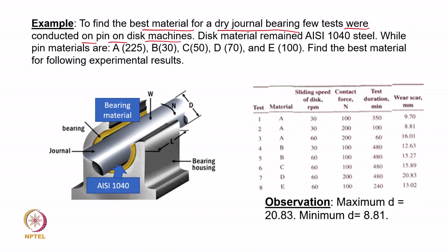Why do we require an experiment on the pin on disc machine? Because the constant K1 which comes out for material 1 may not be the same under different conditions. That means the constant K for A may be different from one situation to another. So, we really need to perform experiments.